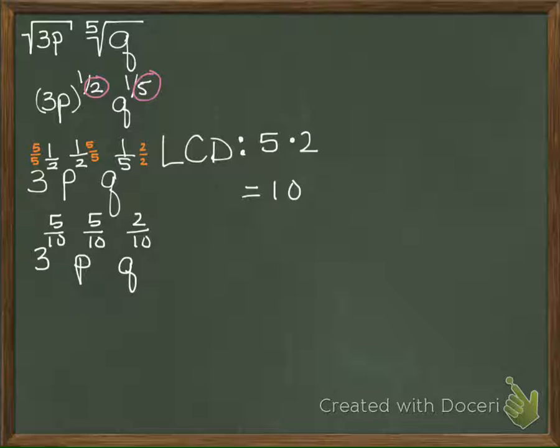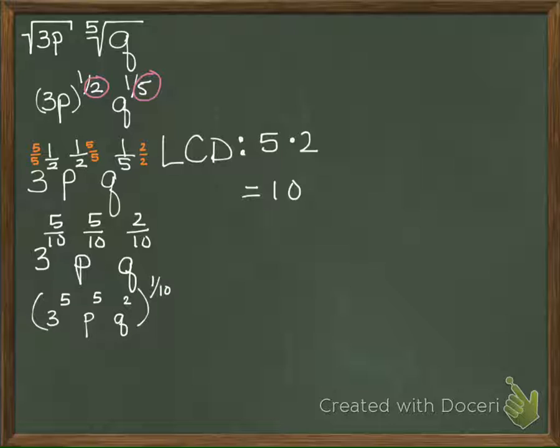Now what I'm trying to do is get rid of the over 10 part so that I can write this as a single radical. So since over 10 is the same in all of these, I can write this as 3 to the 5th, p to the 5th, q squared, to the 1/10 on the outside.